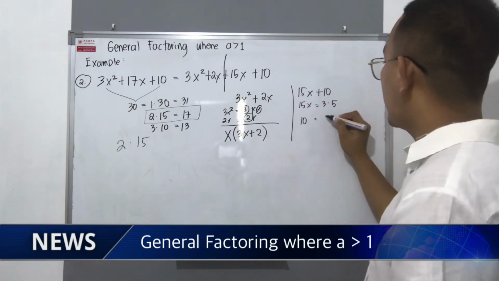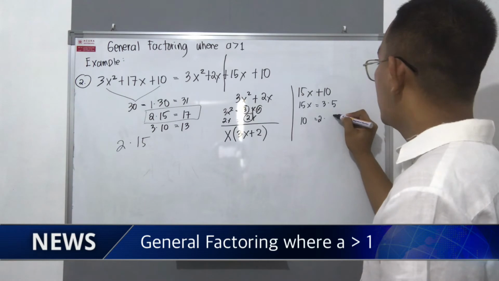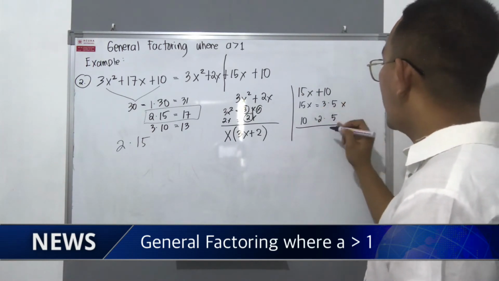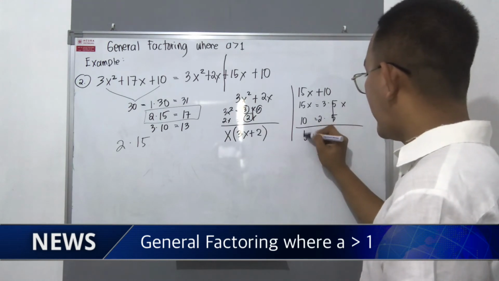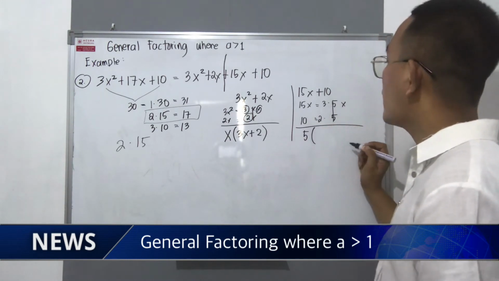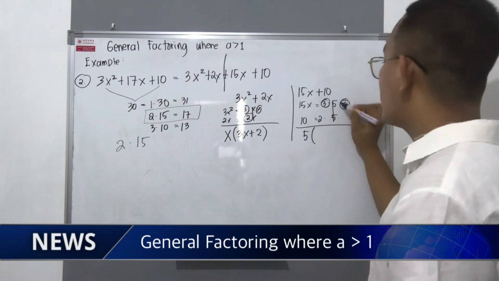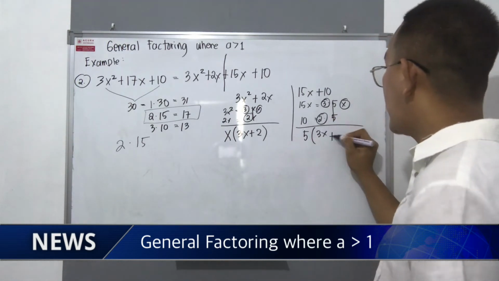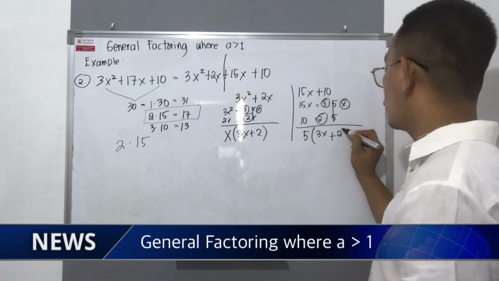And then, ang factor ng 10 ay 2 times 5. So, we have here x. So, ang kanilang common factor ay 5 lang. So, 5, ang ating first factor. Ang other factor natin ay 2. 3 times x equals to 3x, and then plus yung natira ay 2.